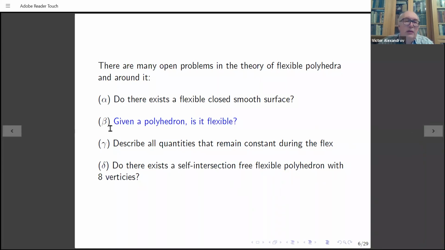My talk will contribute to the second question: given a polyhedron, is it flexible? Of course, I will not solve this problem in all generality, but I will contribute to it.